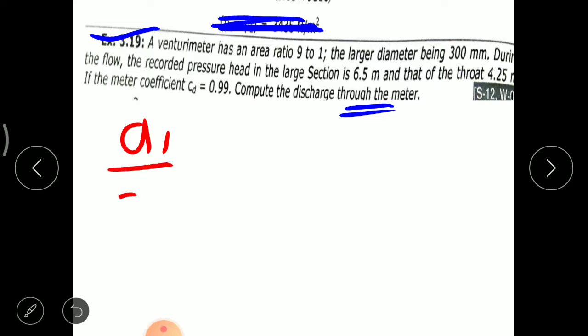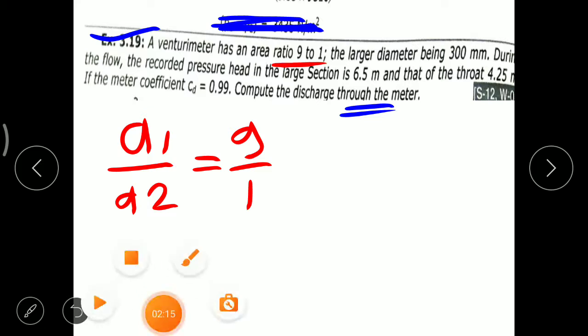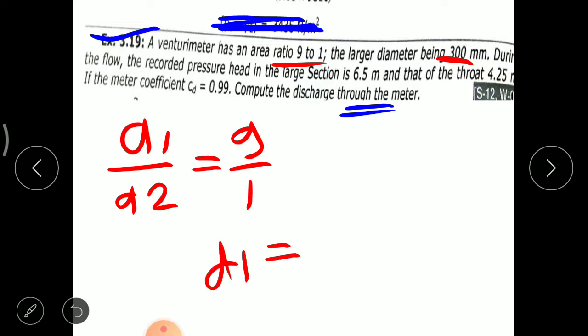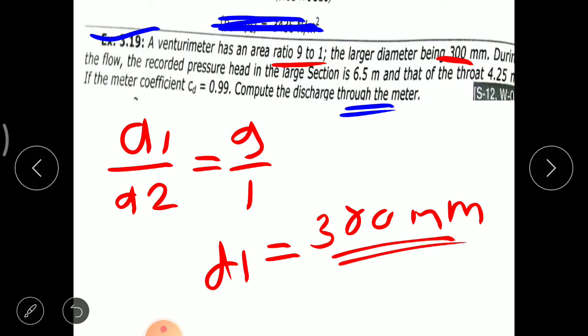A1 divided by A2 is equal to 9 divided by 1. This is our expression for area, and we have the larger diameter, D1 equal to 300 mm, which when converted into meter becomes 0.3 meter.